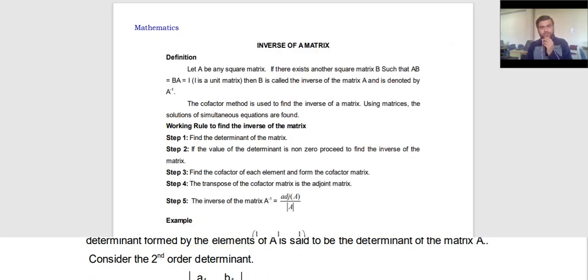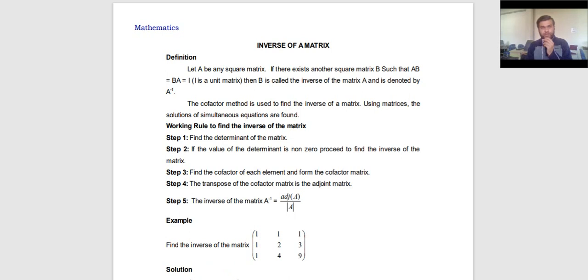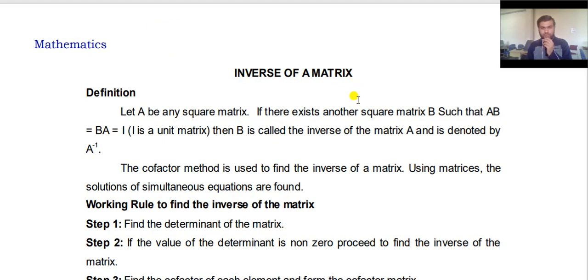Now we will study what is the inverse of a matrix and how we calculate the inverse of a matrix.